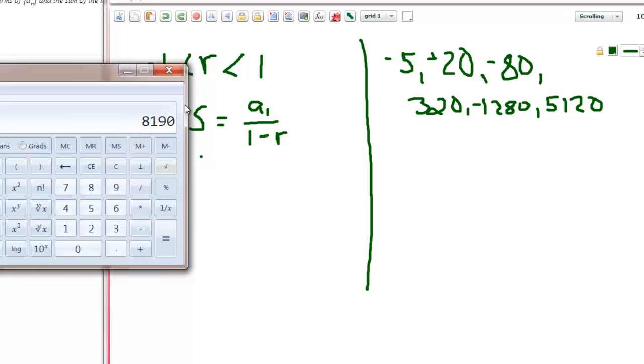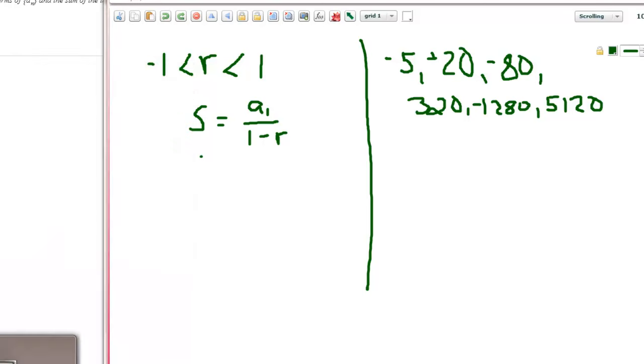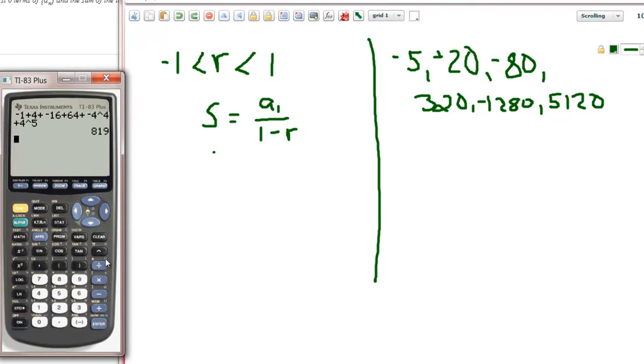Uh-oh, that's one mistake with this calculator. I ended up having that last number twice. Let me bring this other calculator out here. I like this one better. Here, let's do this one. So we have negative 5 plus 20 plus negative 80 plus 320 plus negative 1280 plus 5120.